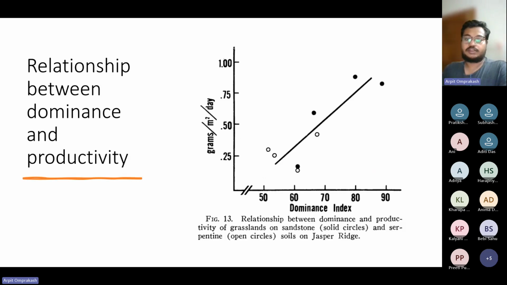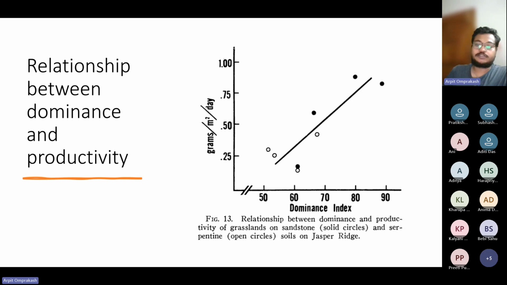But there is another relationship which is generally very tight. As the dominance index tends to increase, the productivity of a given community tends to increase. This is because to become dominant in a given community, a species has to be very efficient. If a species is very efficient at utilizing resources, only then can it outcompete other species present in the community and grow in number.